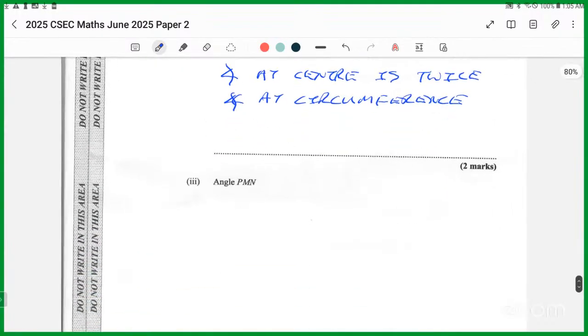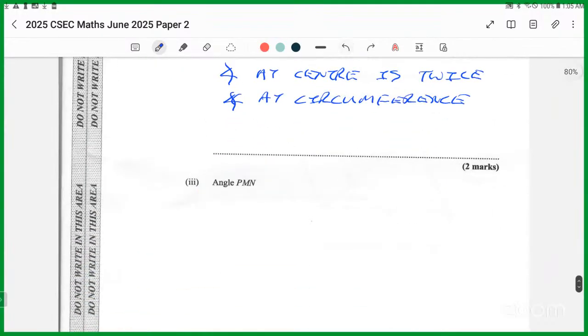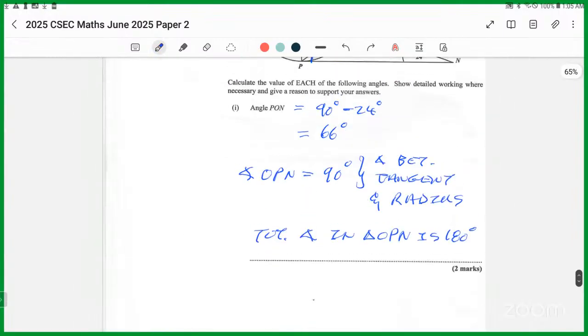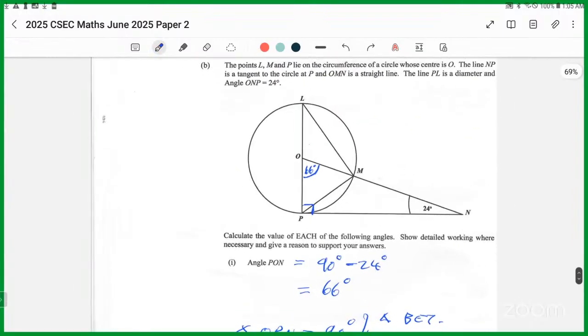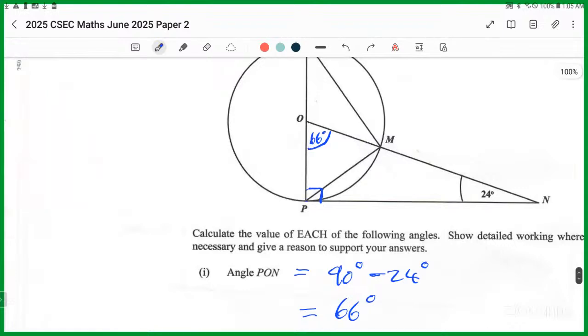All right, next one I want is angle PMN. That is this angle here. If I focus now on this triangle right here, I'm trying to find this one. I know this already.